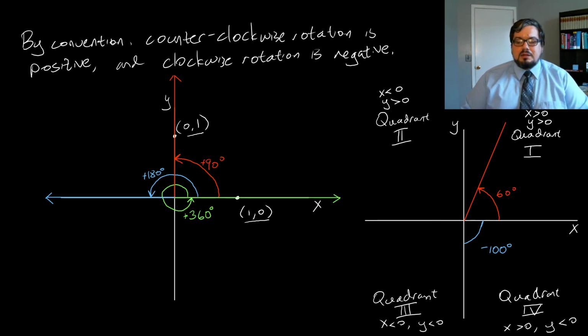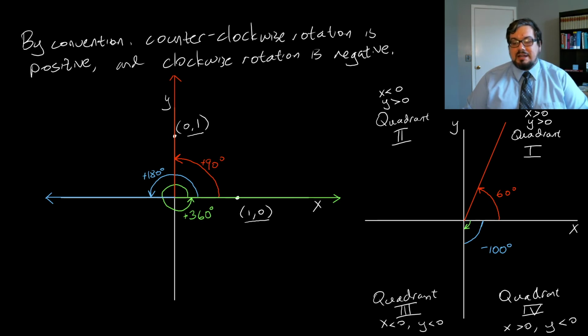Now, the question is, how far do we go? Well, remember that a right angle is always 90 degrees. So this green angle right here has, we've gone the same direction. We've got a quarter of the way around the circle, but now in the negative direction.